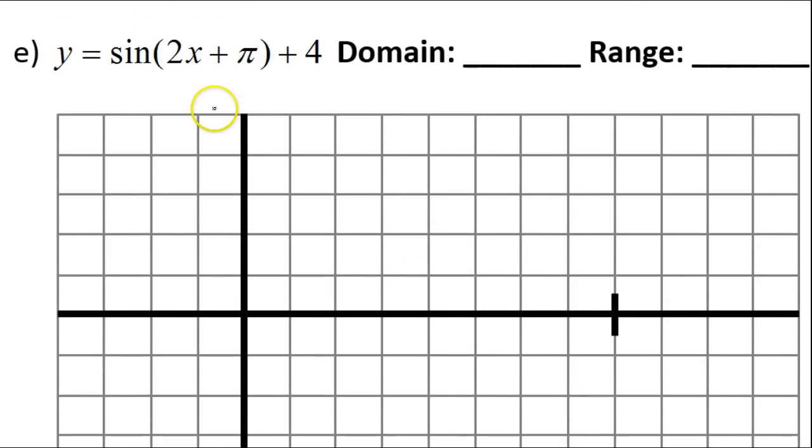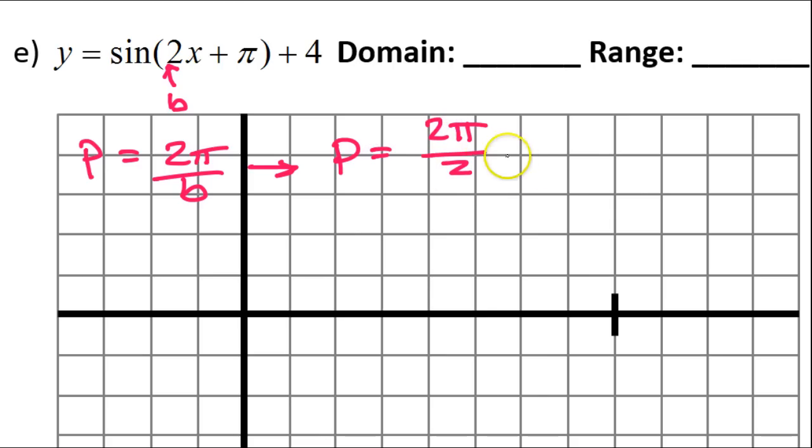So let's see, what do we have here? Well, we have our B value, which we are going to need, because the period is 2 pi over b. That's why the period is going to be 2 pi over 2. Those 2's cancel out, so that means in this case the period is going to be pi.